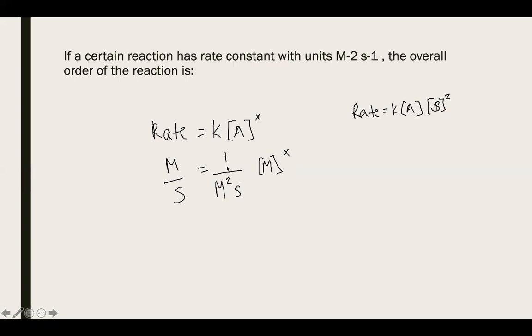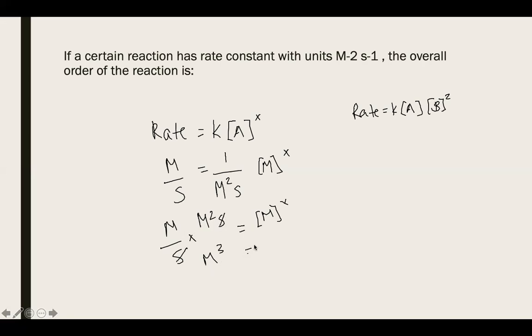One way you can do that is by multiplying this over here, doing molarity per second, and then flipping the equation over and doing the reciprocal. So doing molarity squared times seconds, which is the reciprocal of this, equals M to the x. So you would have molarity cubed now, and your seconds cancel out.